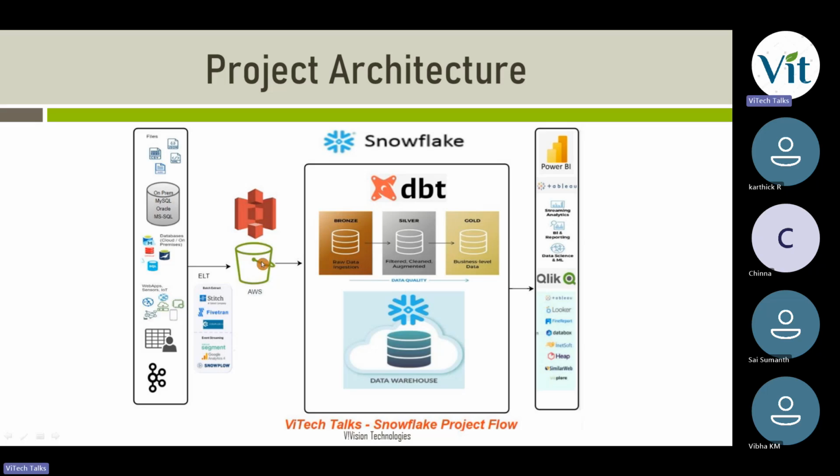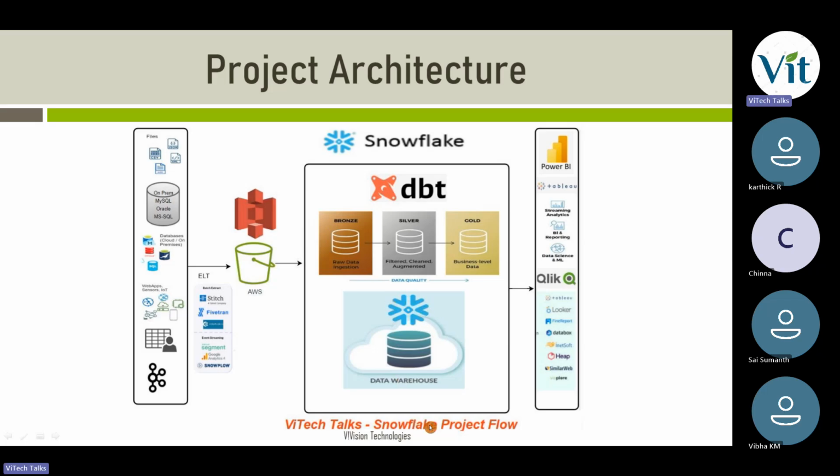From here, how to take the data and create bronze, silver, and gold layers, how to filter the data, how to clean up the data. By using DBT or without DBT, how we are going to perform these actions. And finally, we are going to keep your data in the gold layer. From this, the Power BI team or Tableau team or QuickSight team are going to take it and visualize the reports. Even in Snowflake itself, we can create the reports.